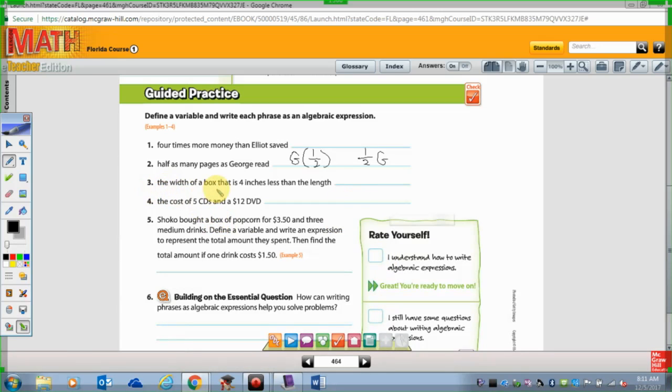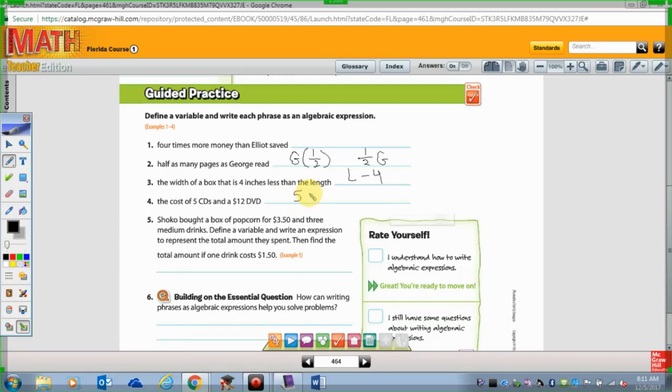Alright, the width of a box is 4 inches less than the length. So it's going to be the length minus 4. Alright, the cost of 5 CDs and a $12 DVD.